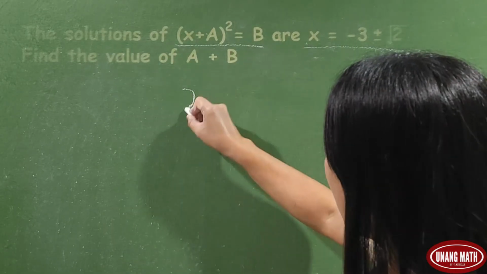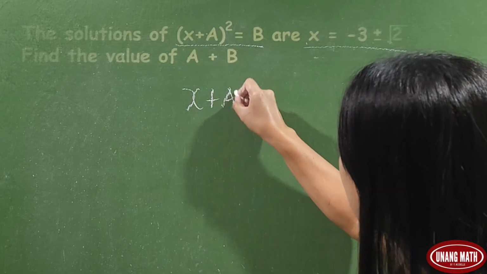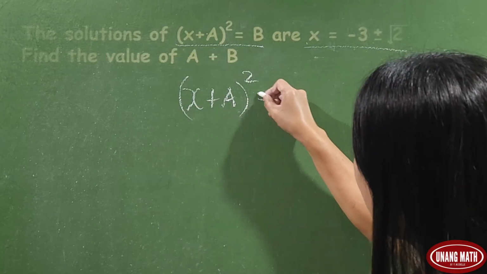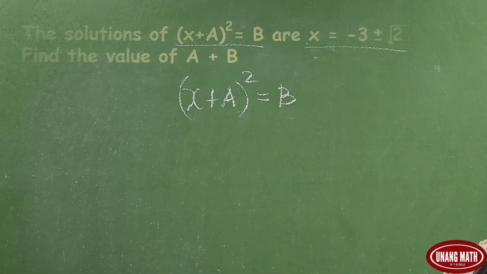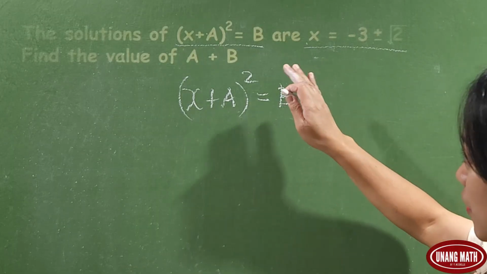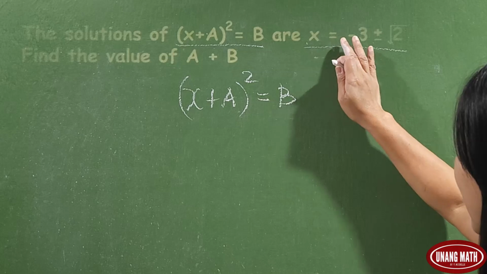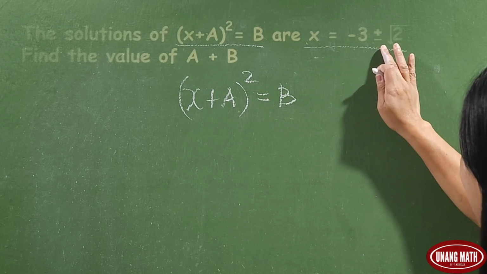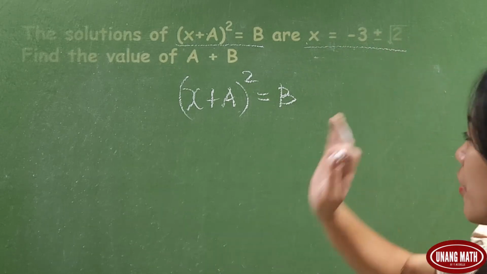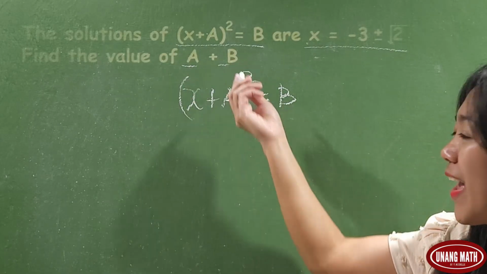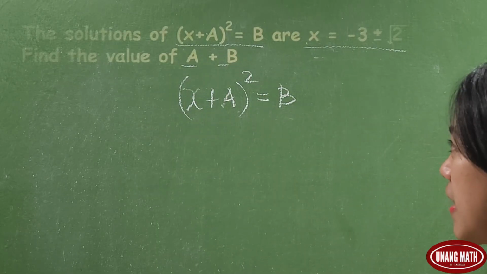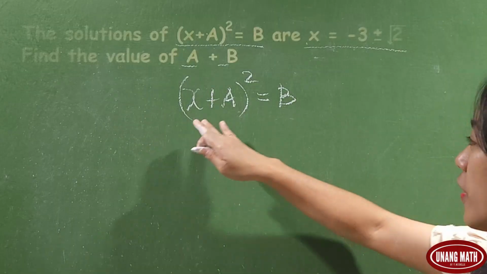Okay, this quadratic equation, x plus a squared is equal to b, the solution according to this is negative 3 plus or minus square root of 2. We are trying to find the values of a and b. We can add them later on.